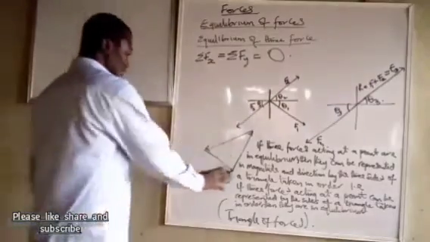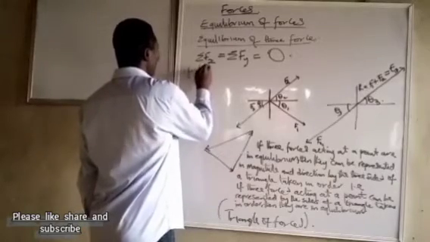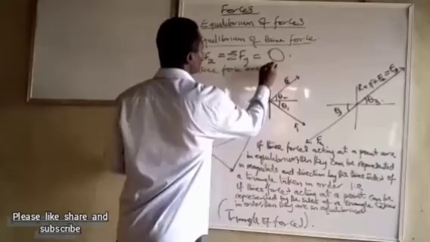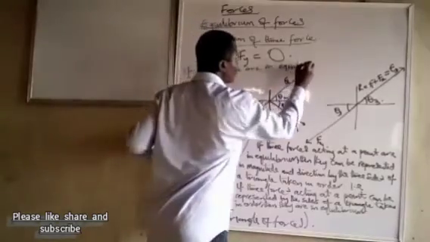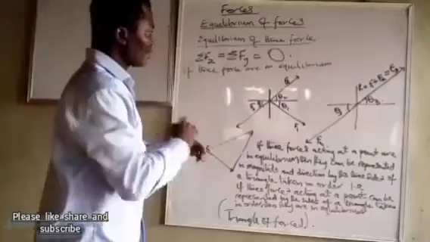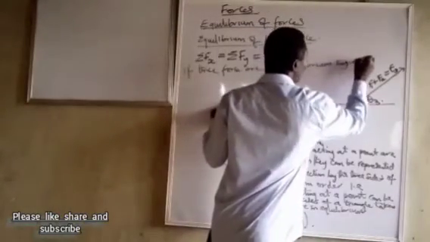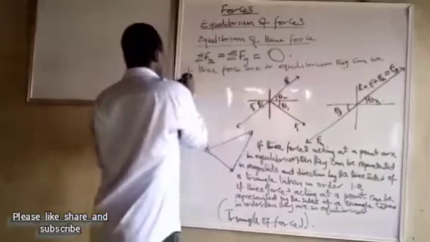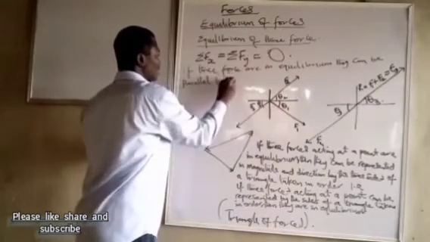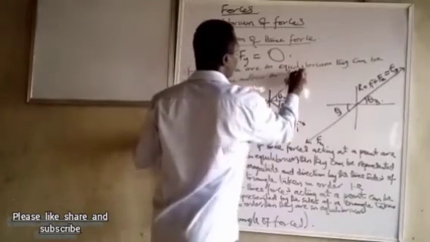So at the end of the day, we can conclude that if three forces are in equilibrium, they can be parallel to one another, or concurrent.